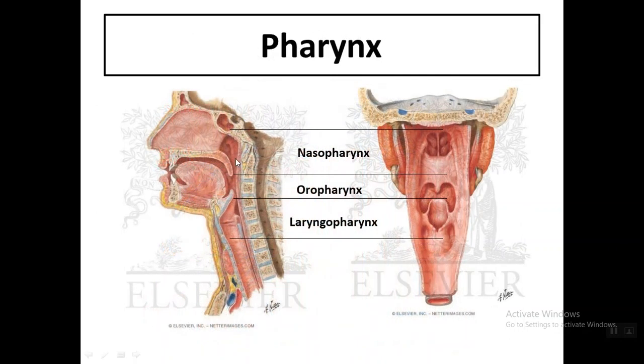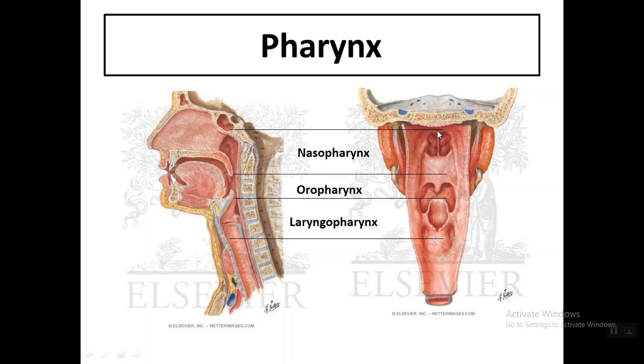The pharynx, as we said, is a funnel-shaped muscular tube that extends from the base of the skull down to the level of the cricoid cartilage. It consists of three parts: the nasopharynx, oropharynx, and laryngopharynx. Nasopharynx lies behind the nasal cavity, oropharynx lies behind the oral cavity, and laryngopharynx is related to the laryngeal inlet.